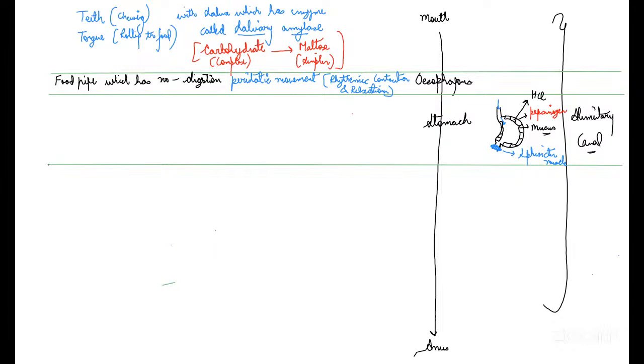Now, HCl is so dangerous that if you take laboratory HCl and put it on your finger, the bone and everything will be destroyed because HCl is too acidic. But in our stomach, there is a layer of mucus, which protects the wall of the stomach from the HCl.